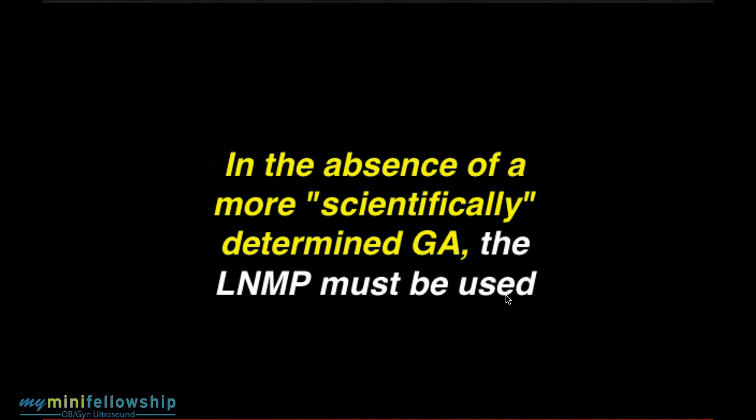Otherwise, I always use the patient's last menstrual period. If the obstetrician wants to change things, that's up to them. As a sonologist, I use the patient's last normal menstrual period once I pass 24 weeks, unless there is valid scientific evidence that it's wrong.